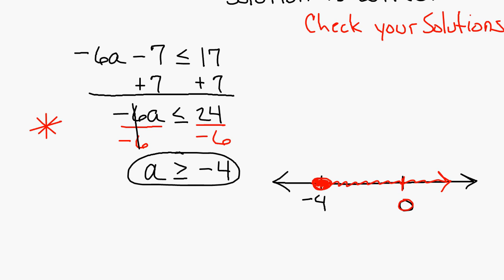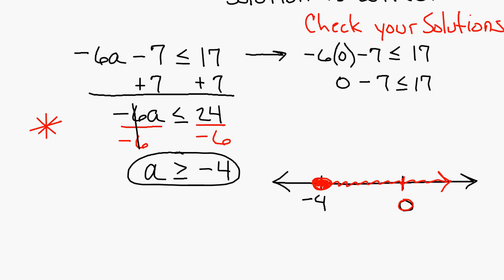So you go back to the original inequality, and you would take negative 6, multiply it by 0, subtract 7 from it, and see if it's less than or equal to 17. So negative 6 times 0, that's 0. And the question is now, is negative 7 less than or equal to 17? And it is. So your solutions are correct.